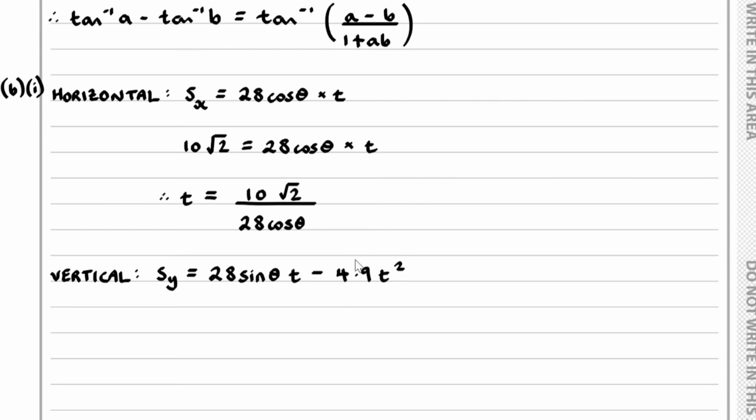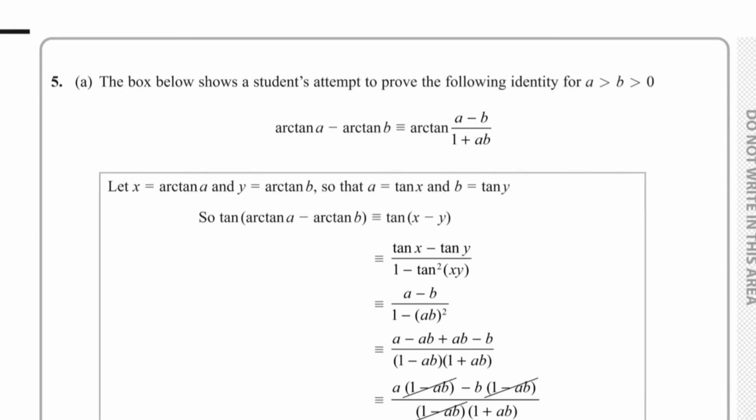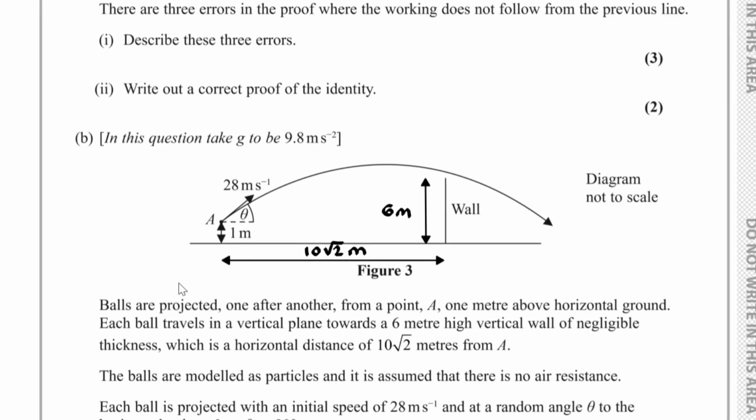Let's leave this actually as 1/2. So here we've got 1/2 g t squared. And this is relative to the point A, as we see in this diagram. So we're taking A to be the 0 level.